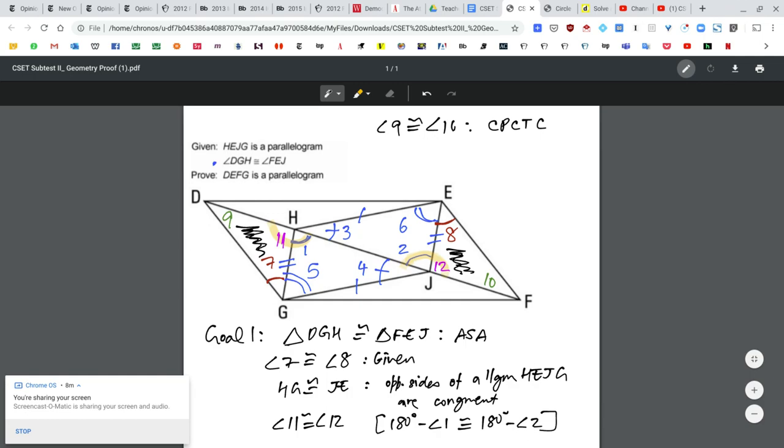And since angle 9 equals angle 10, and they are alternate interior angles of these two lines, in the figure GDFE, therefore we can say that GD is parallel to EF.